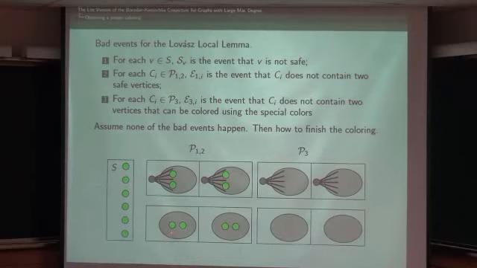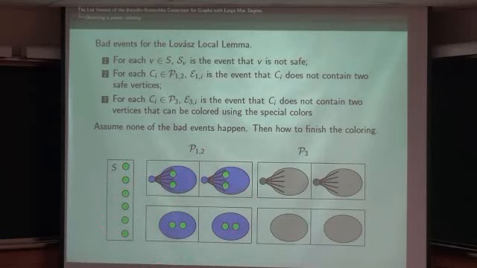Which means I can give a color to every single one of these vertices that are not the safe vertex. And the same thing to this one special vertex here. So I will give that one color to that vertex. So I will color everything in this area except the safe vertices.